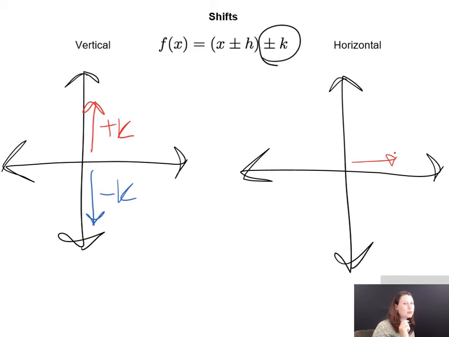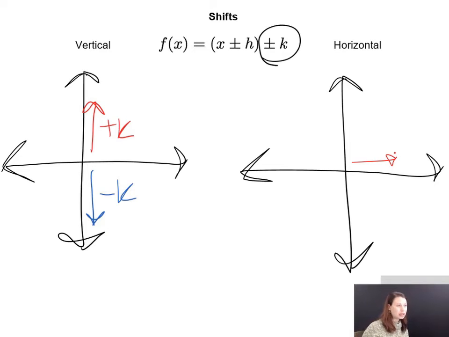What I want you to remember is if the change you're looking at is with x, with the variable, then it changes in the opposite direction. Now this applies to k because k isn't with y, it's not with the f of x. So that means it goes in the real direction. We moved it and changed the sign to the opposite, so now it's really the direction.